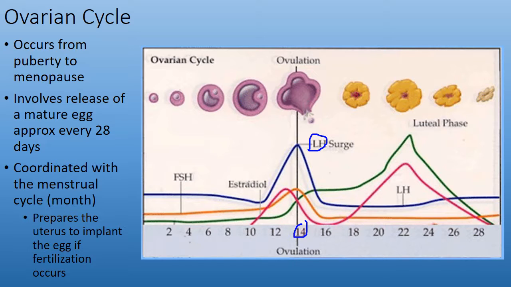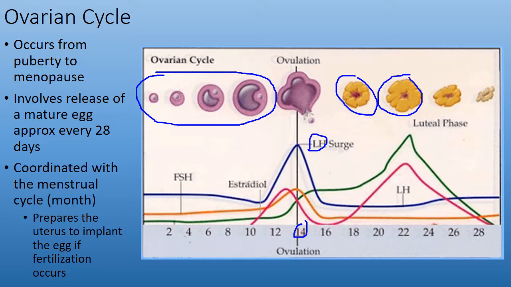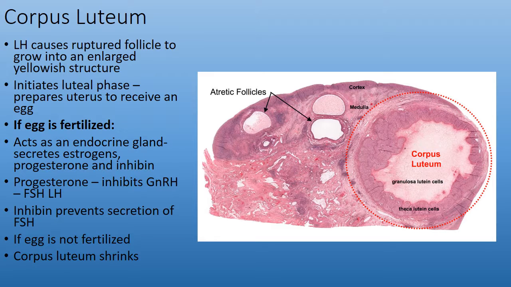Again, up until day 14, follicle stimulating hormone helps prepare the follicle into a mature follicle. Once this occurs, we see the release of progesterone and estrogen by the corpus luteum if fertilization occurs and pregnancy takes place. The corpus luteum is very important in the role of preparing the uterine wall.